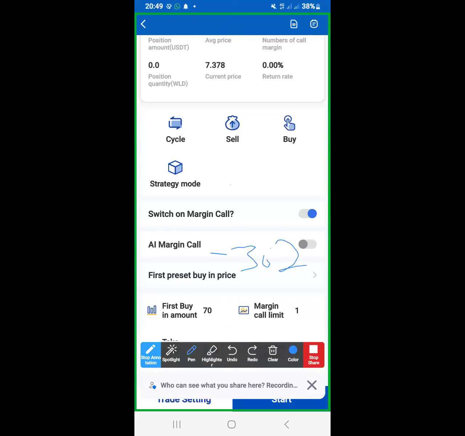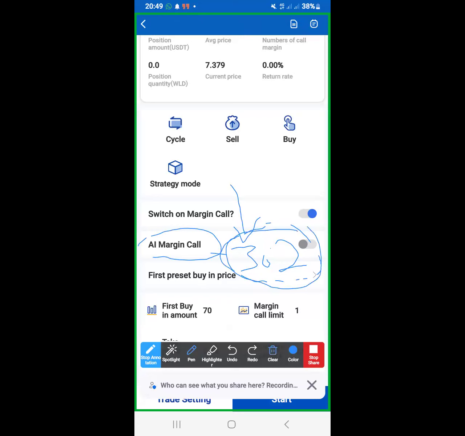Even if the market price dips by 3.2, sometimes if the AI margin call is on, it will not actually execute any buy order. It will always try to look for a possibility of giving you maximum dip. It will only buy at a point where it really feels it should buy, when the market price has dipped significantly. It will sometimes not obey whatever you have set there.